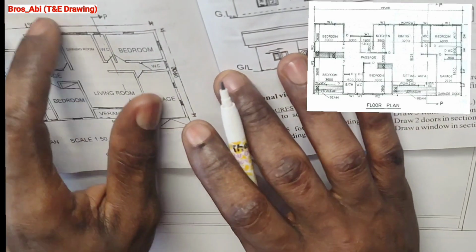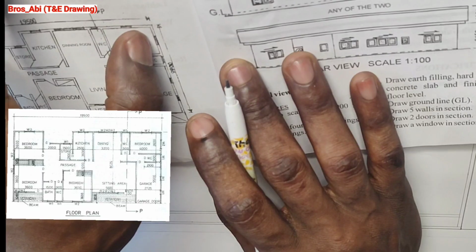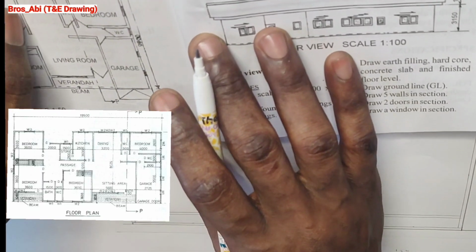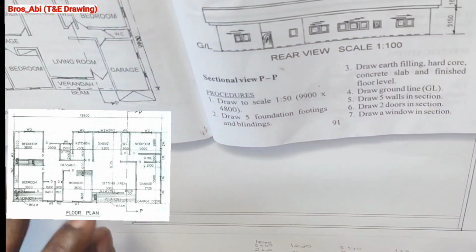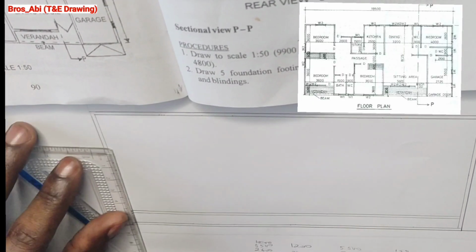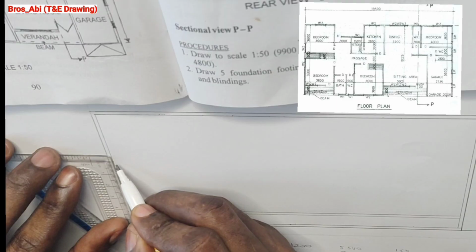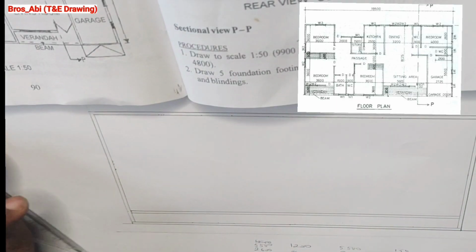The next one, let me check. This side where I have my 3,600 is along this side, so I can draw that. I'll put my wall at the point here and here.